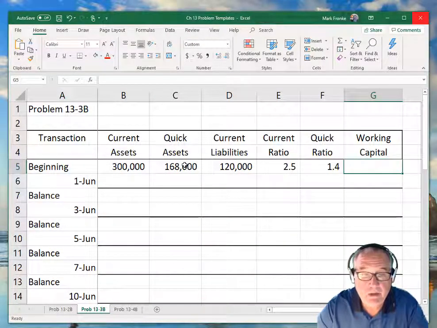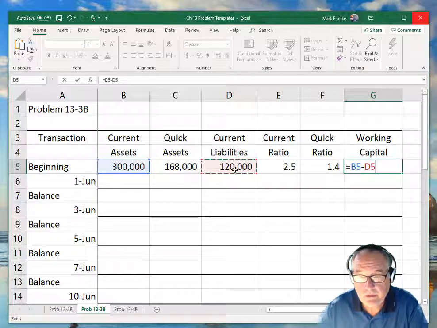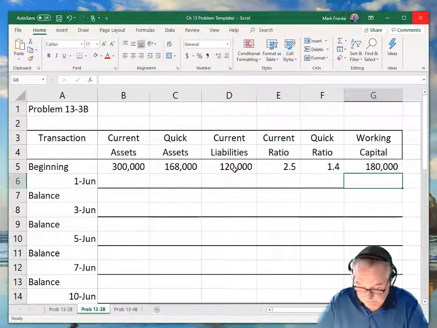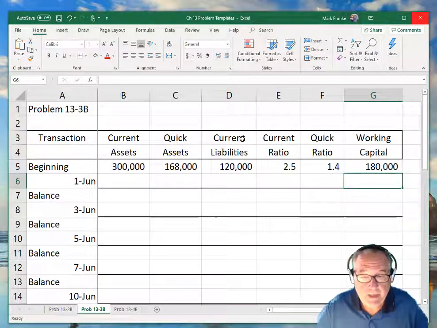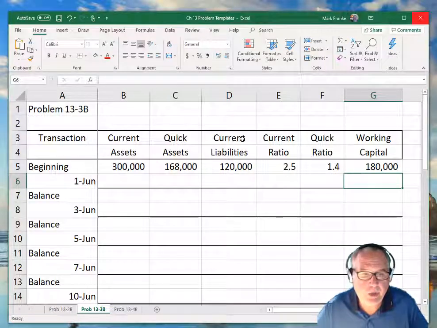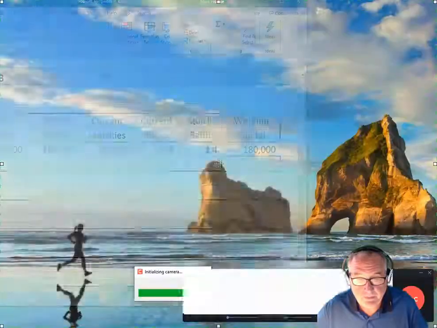Working capital is current assets minus current liabilities. So that's 180,000. So this problem then has different transactions that they've given us that we're going to go through and analyze and then put into the cells.